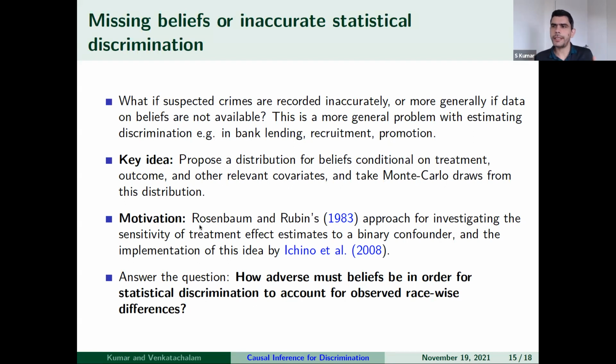The huge benefit from our perspective of employing all of this structure is that we can now answer a question like, how adverse must beliefs be in order for statistical discrimination to account for observed race-wise differences? Which goes back to some of the questions you posed at the start, which is, well, this adversity of beliefs may or may not come from experience, may come from hearsay, may come from my colleague, may come from prejudice.